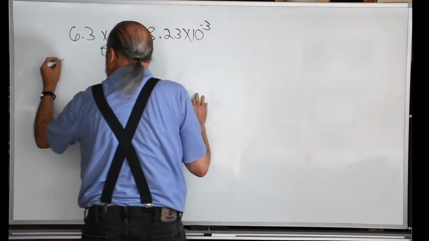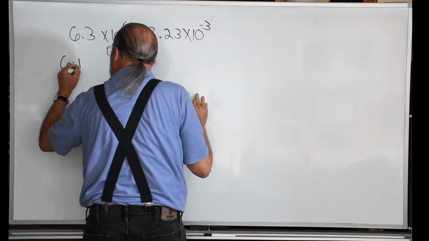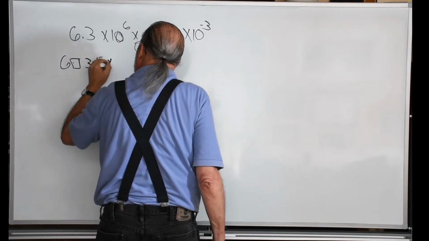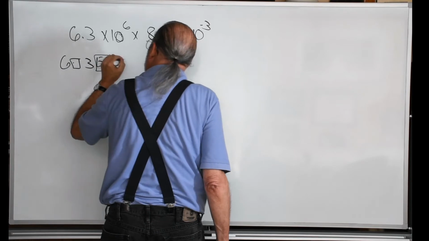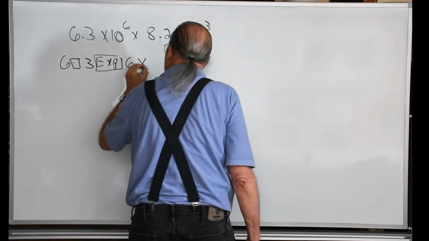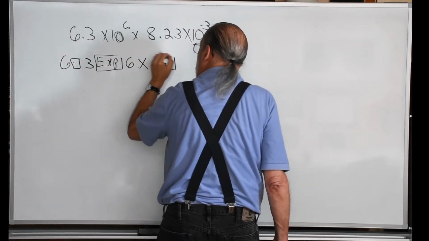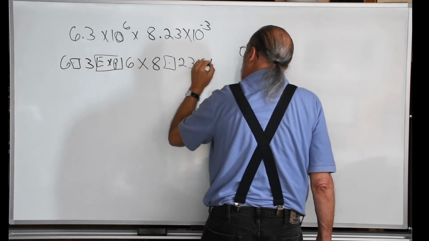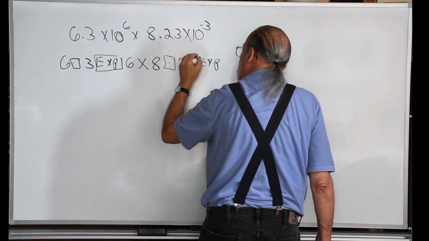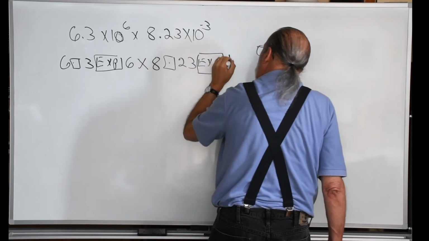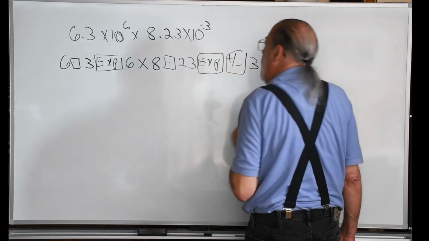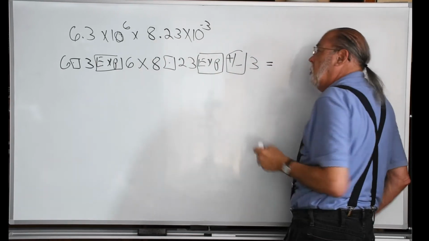This would be entered as 6 decimal sign 3 exponent key 6 times 8 decimal 2 3 exponent key. You do not enter the times 10. Exponent key plus minus key 3, and then you hit equals.